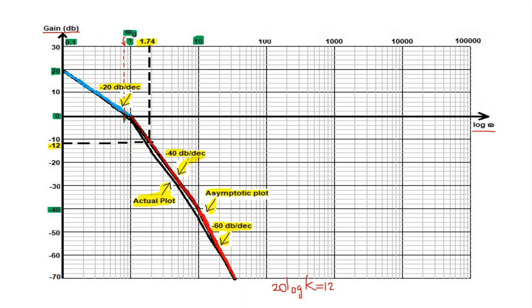So I should have got 0 at 1.74. Then only that is the gain crossover frequency. According to that it should be the gain crossover frequency. Then only we would have got a 20 degree phase margin. Therefore, this entire plot, I am just drawing roughly, would have come like this.